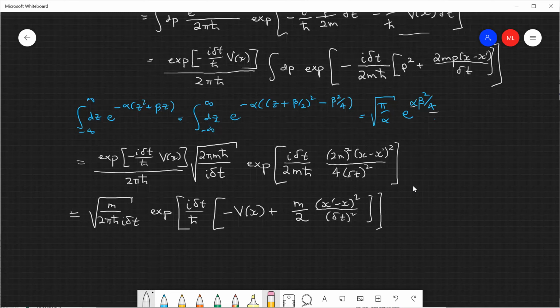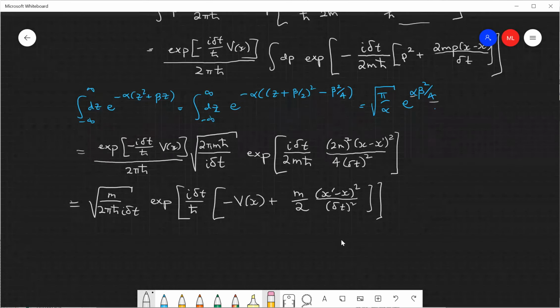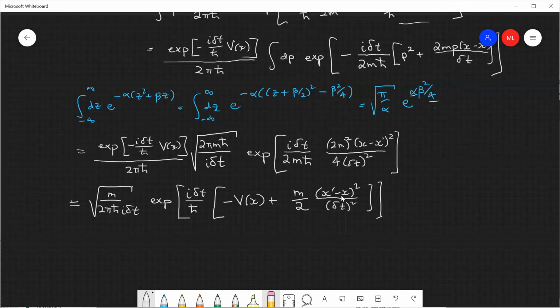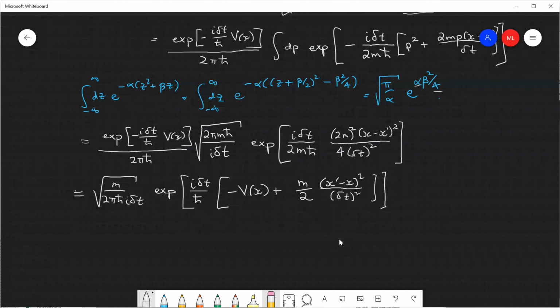Well, now if you just stare at this thing, you recognize that if your time interval delta t is vanishingly small, as we send this to 0, and these are the locations of the particle over this delta t interval, then this is just a change in the position of the particle squared over the time interval over which you're looking at, squared.